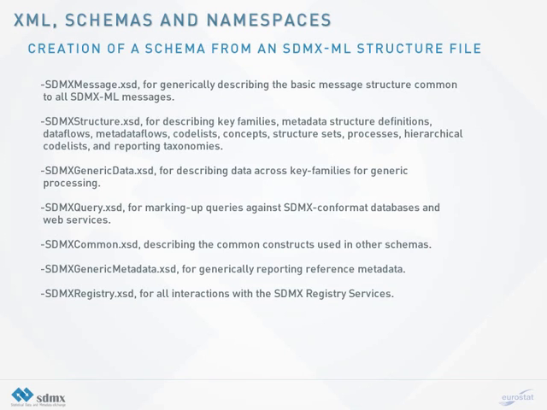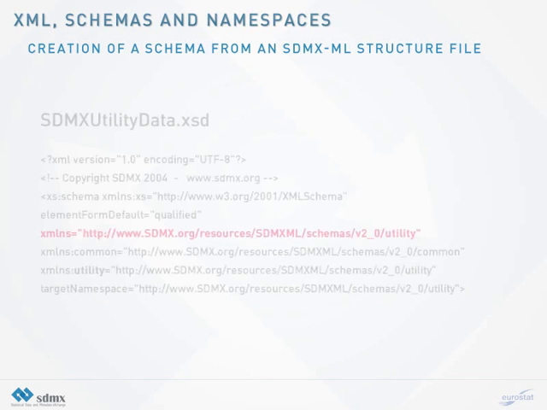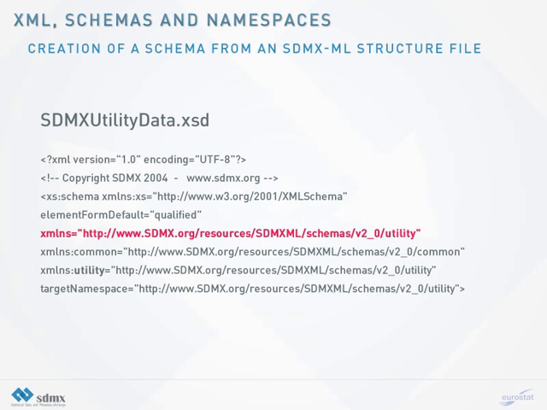Note that for all key family specific and metadata structure definition specific schemas, the namespaces must be constructed following the rules for registry URN identifiers, with the addition of a single field at the end of the URN. For utility schemas, utility, header of SDMXUtilityData.xsd.